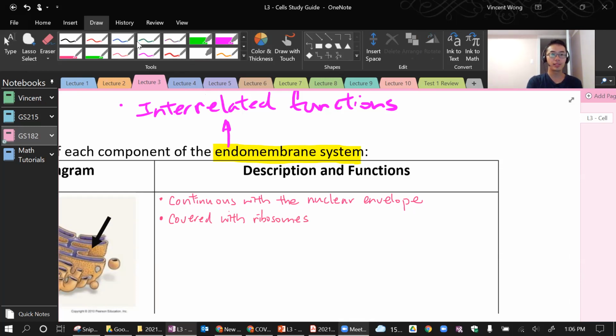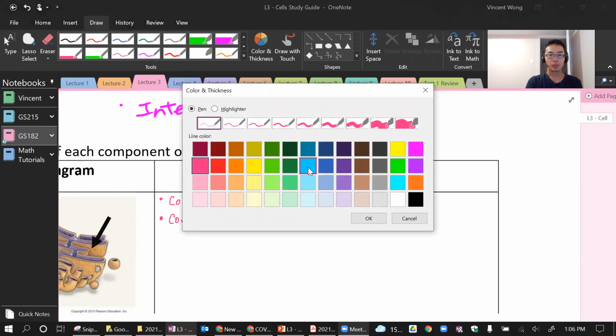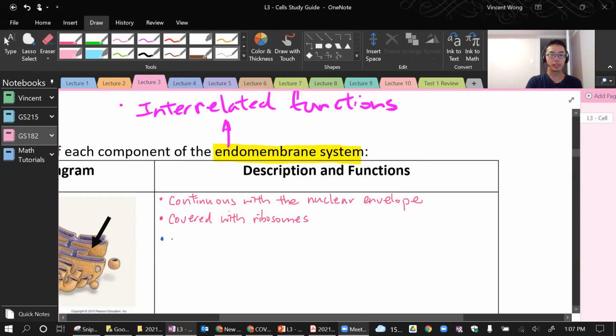Well, what they do is that the ribosomes synthesize proteins directly into the RER.